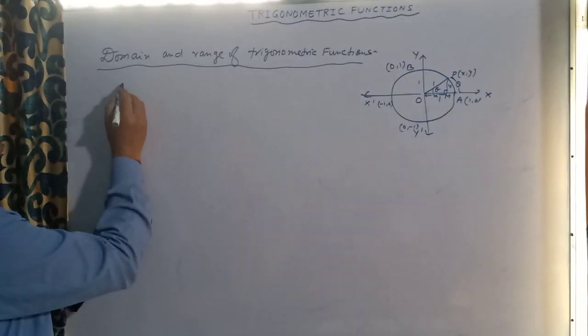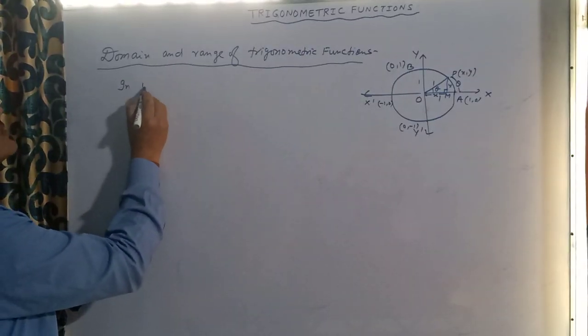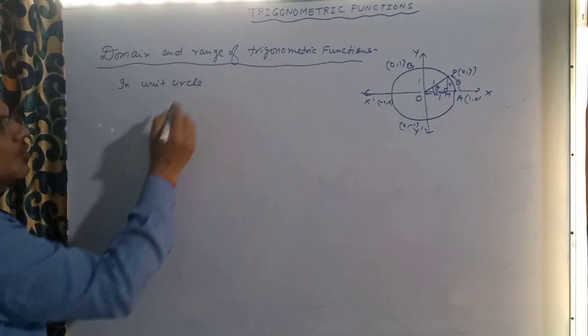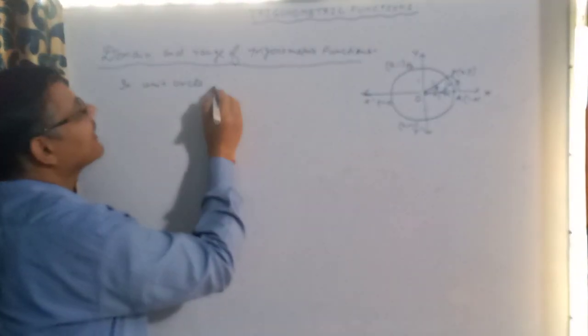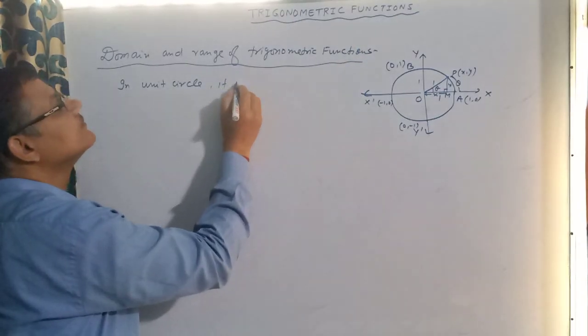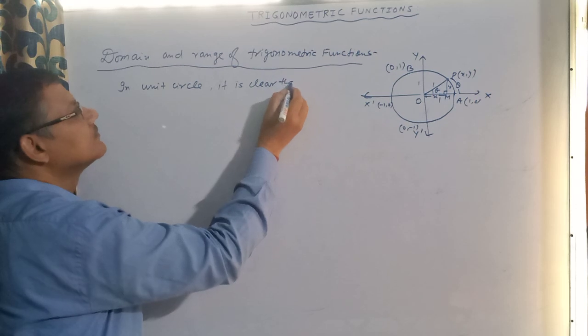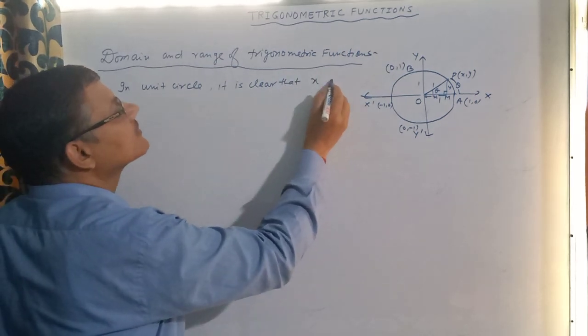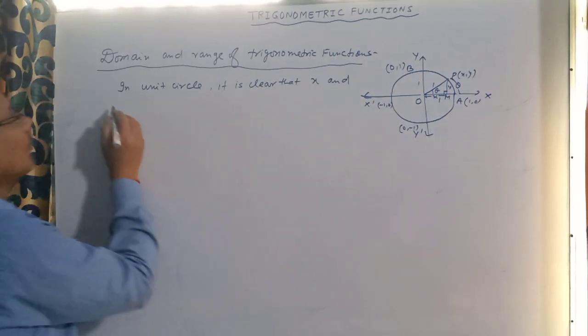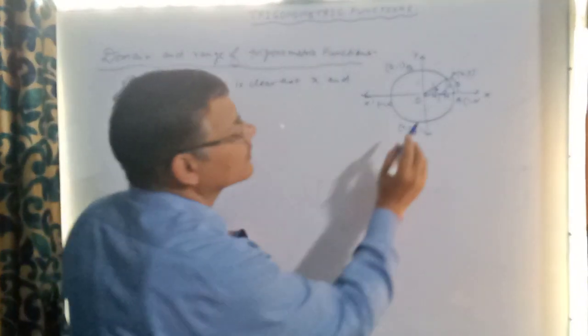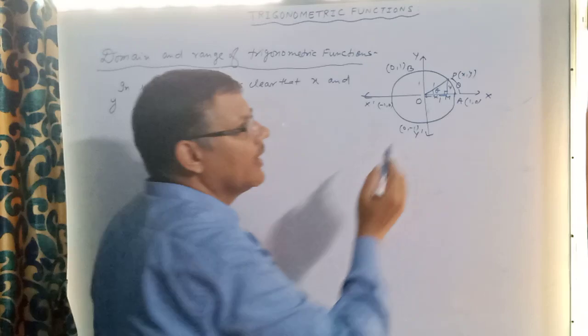So I start with the unit circle. In the unit circle, it is clear that x and y lie between minus 1 and 1.